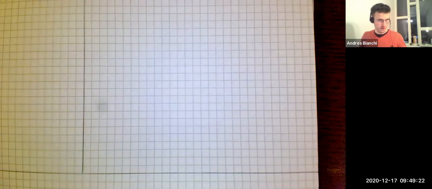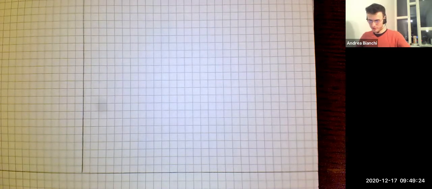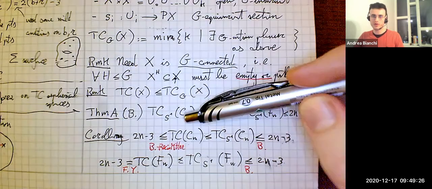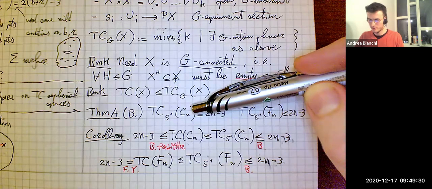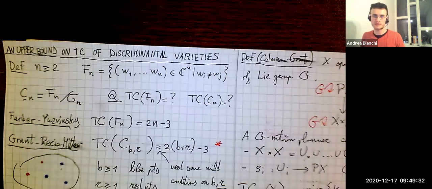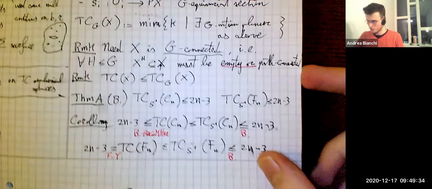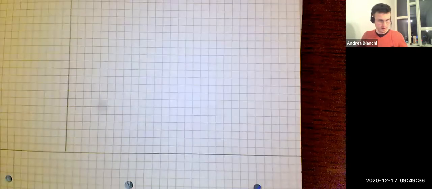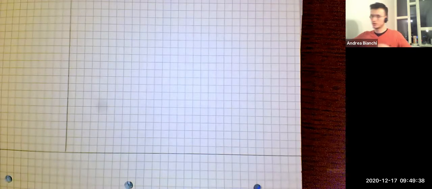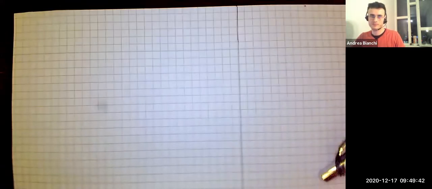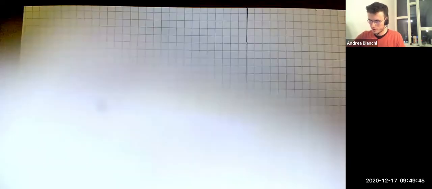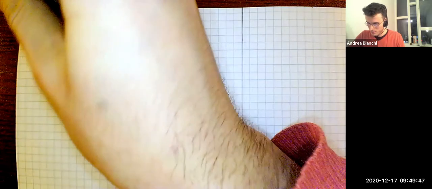Okay, so this theorem will follow from a more general theorem, which is the place where these discriminantal varieties will show up. So the theorem is the following.